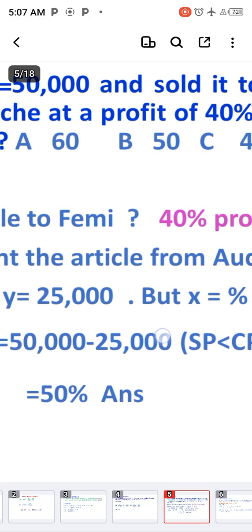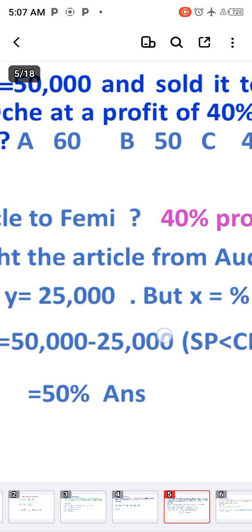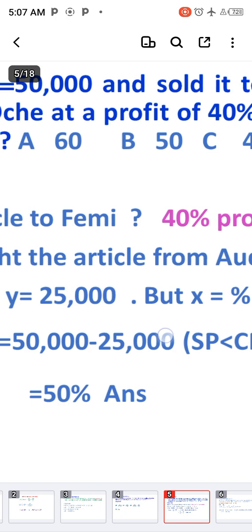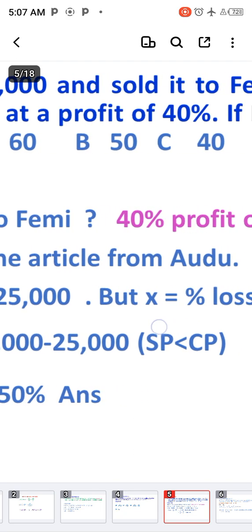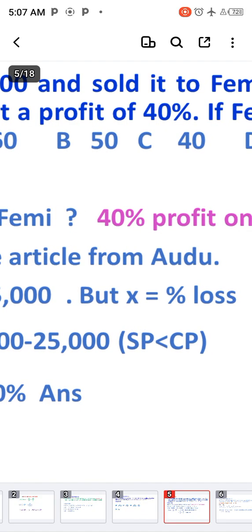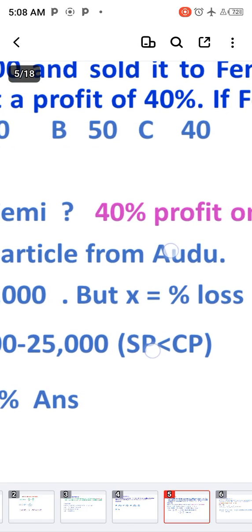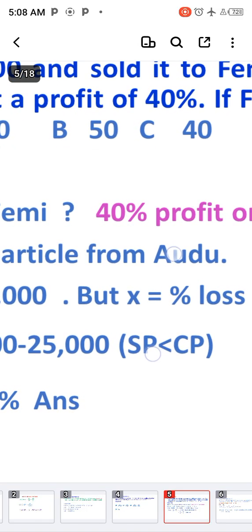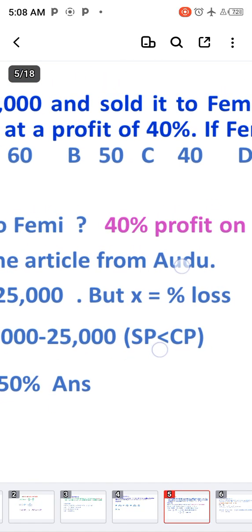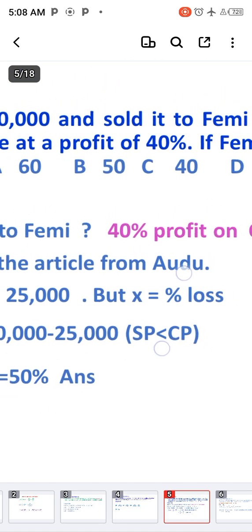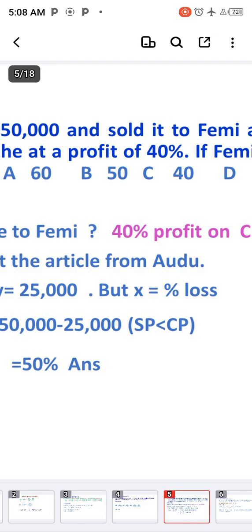That means Femi bought the article from Awudu at the cost of what? 25,000. But S is equal to percentage loss. We are looking for the percentage loss. Now that we know how much Femi bought the article from Awudu, we are going to find the percentage loss. Now what is the loss?